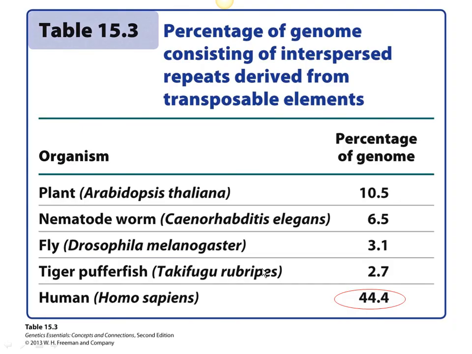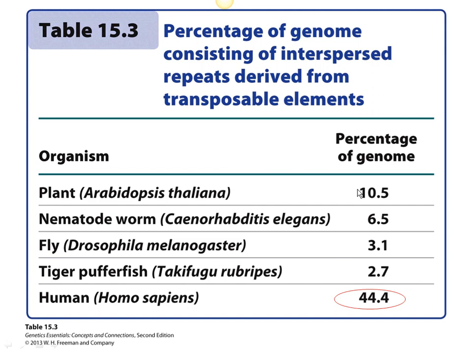Some other things when you compare genomes: the percentage of the genome consisting of repetitive elements, especially transposon-derived elements. Humans have 44% of their genome consisting of these repeated elements, Alu being one of them, but others as well. So there's a lot of junk, repetitive sequence in the human genome.